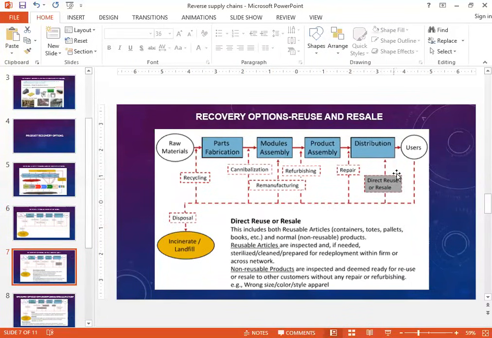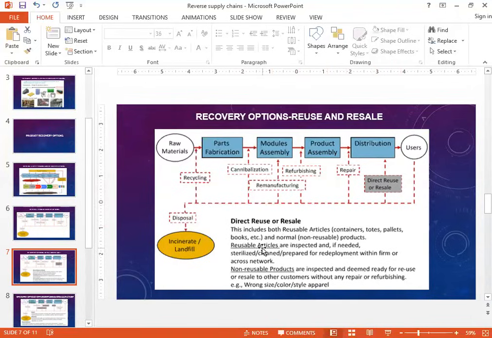Okay, let us first look at the first strategy that companies can use for goods that have been returned: direct reuse or resale. Let's try to understand what this means. This includes both reusable articles, such as containers, pallets, and books, and normal non-reusable products.